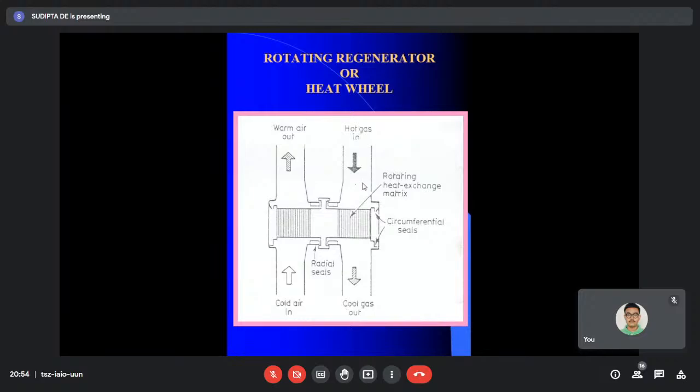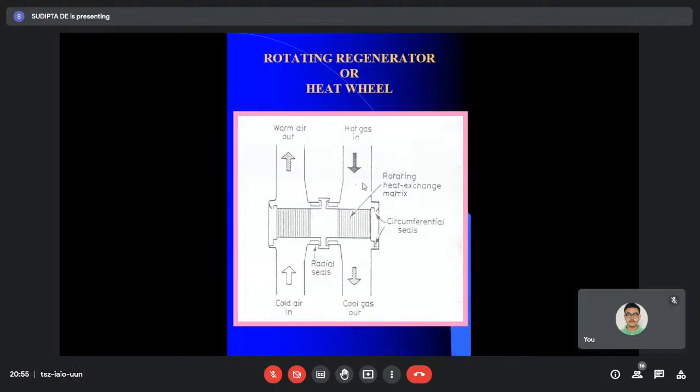So now, unless we discuss the matrix structure and different possible options, we can't explain it very clearly, because close contact of any gas with the matrix is very much required.